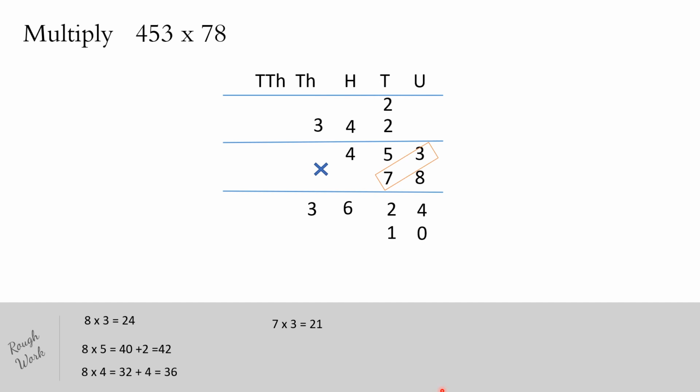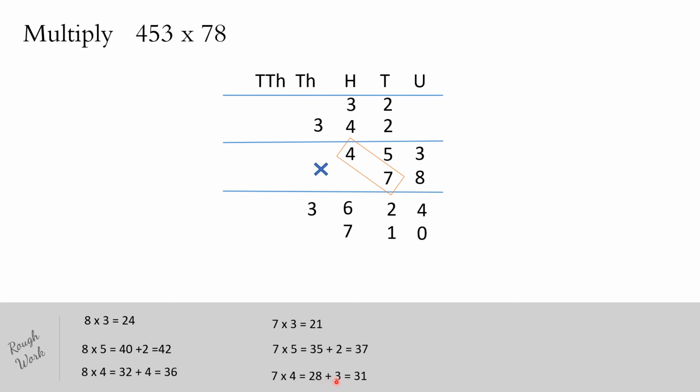Now we will multiply 7 by 5. So 7 5s are 35 plus 2, we got answer 37. So we will write 7 at 100 place and carry 3 at 100 place. Now we will multiply 7 by 4. 7 into 4, 28 plus carry 3.